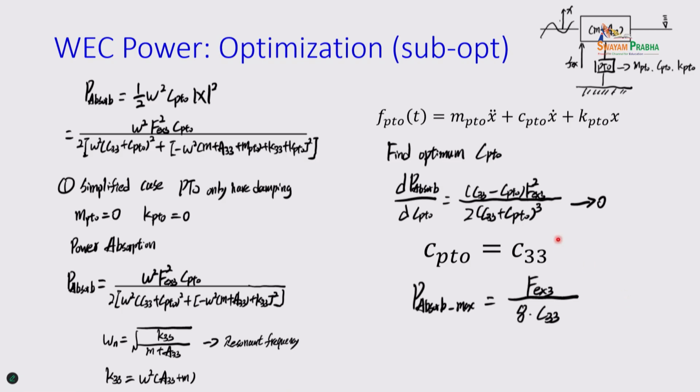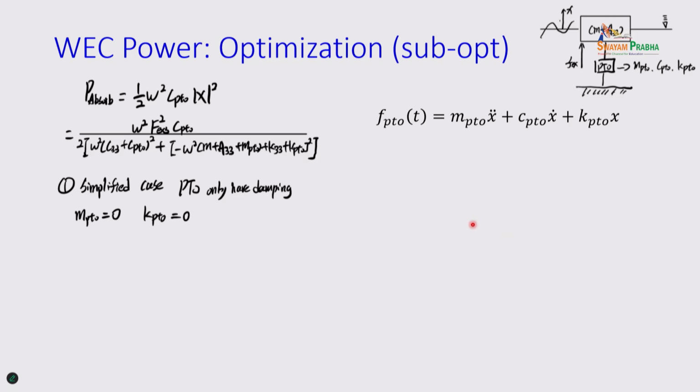This is suboptimal. Suboptimal means we pre-assume that K PTO will be 0. Given this ideal damping case, where PTO damping equals radiation damping, you can calculate the amplitude of the vibration of the system. You just put the expression here, right?